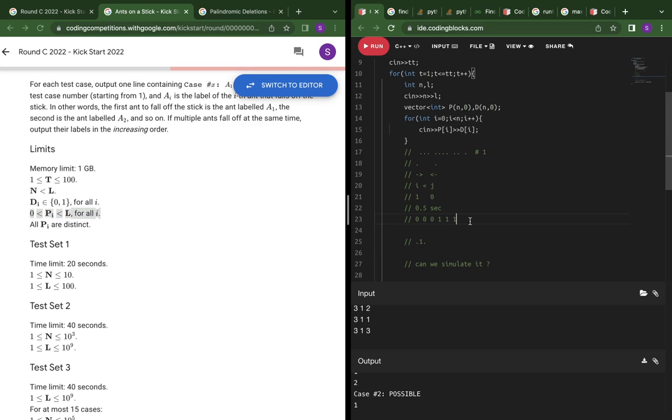Okay, so it's like from 1 to n minus 1. So this ant also has a distance of 1 from here. This ant also has a distance of 1. Oh wait.